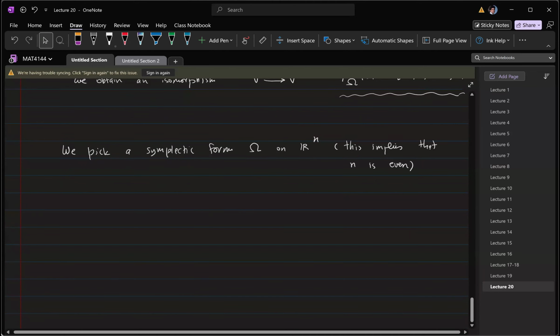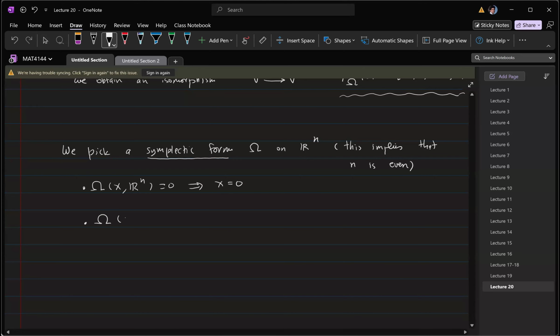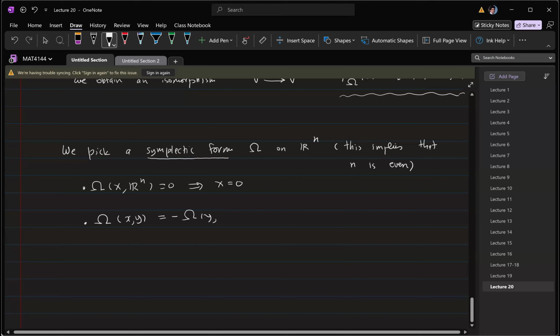And so what is this omega? The symplectic form means that omega is non-degenerate, so omega of x, y for all y in Rn equal to 0 implies that x is 0. And the second is that omega of x, y is minus omega of y, x.